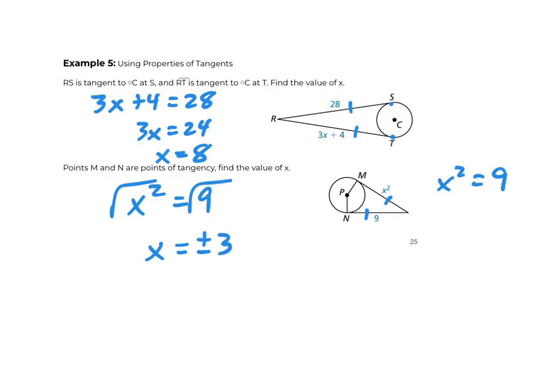So it could be a positive or a negative 3. And it's okay for x to be negative. We're not talking about the actual length of the side. If I put a negative 3 in here, and I square negative 3, what's a negative 3 times a negative 3? It's 9, right? So negative 3 can work. It is okay to get a negative answer for a variable. Not for a side length, but for a variable, it's okay.